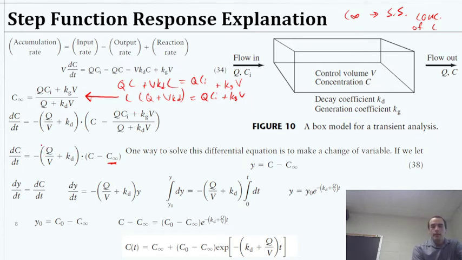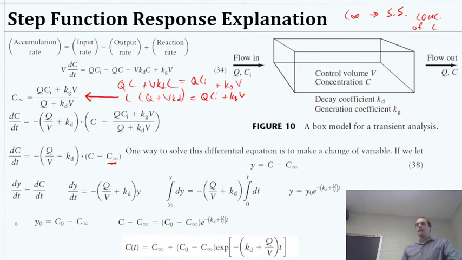let's take a look and see how they progress. So now they have dc/dt equals this negative q over v plus kd. I guess that's what's left after extracting and simplifying, times this C minus C at infinity, which captures all that information.